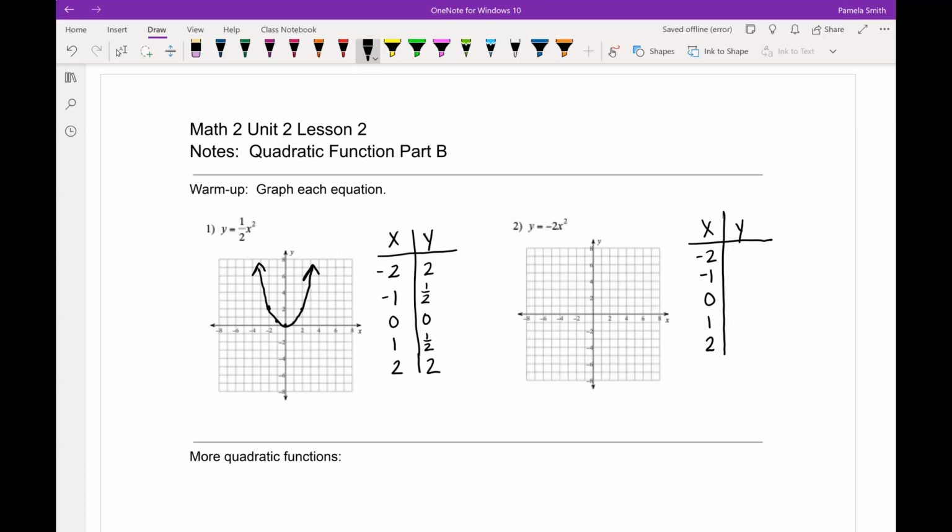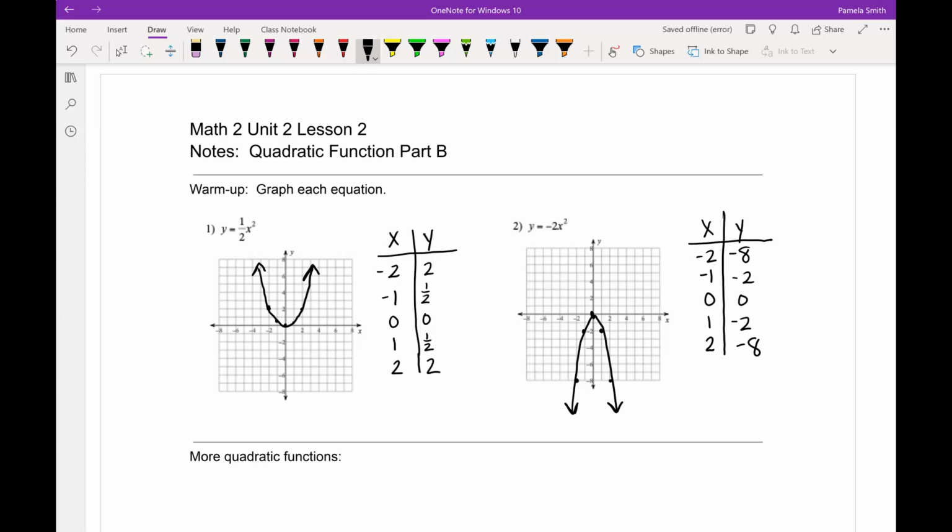Again, if you substituted those values in, your y value should have been -8, -2, 0, -2, -8. And when you graph that, your parabola should look something like that. Again, that's just reviewing the skills we went over yesterday.